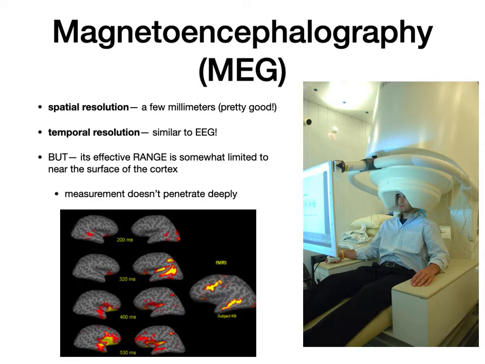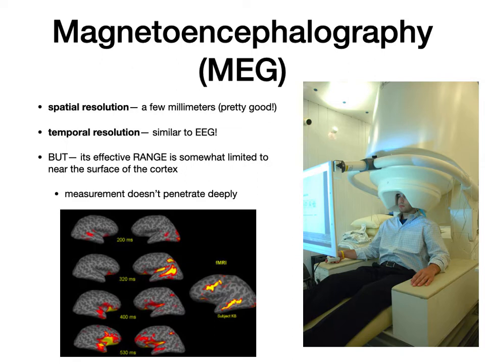The resolution hasn't really gone down, but the effective range of what we're able to detect has gone down a bit. Still a powerful tool. It's not as widespread because it's very specialized and very specific, and every hospital in the world needs an MRI. Not every, but most. Whereas not everybody needs an MEG machine, so not as widespread.